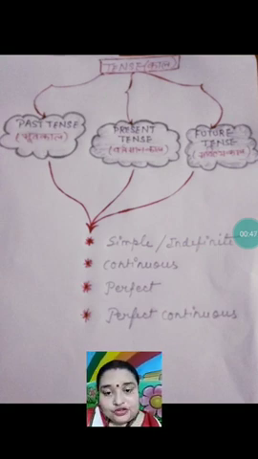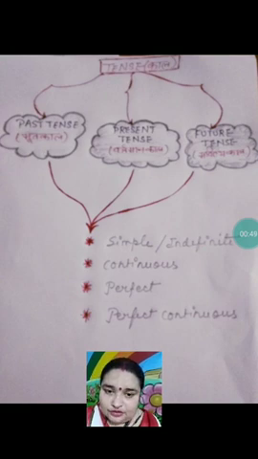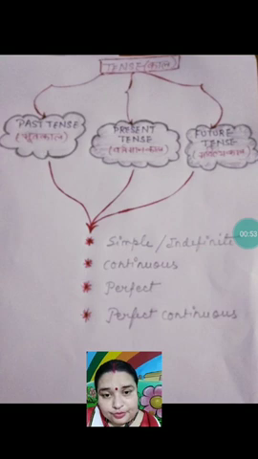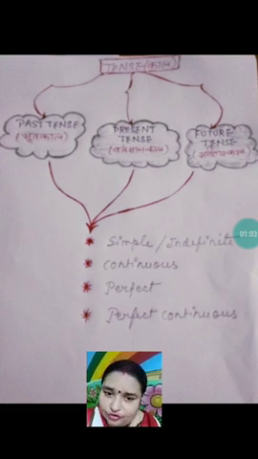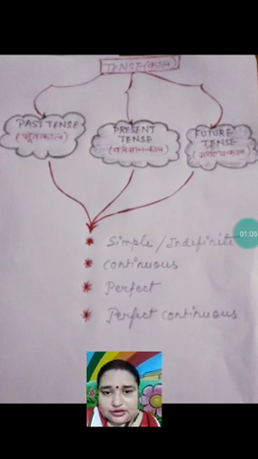Then again, past tense can be divided into four categories: simple past, past continuous, past perfect and past perfect continuous. And future tense can again be divided into the same four categories: simple future or future indefinite, future continuous, future perfect and future perfect continuous.